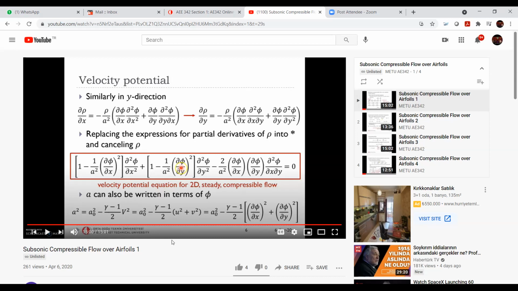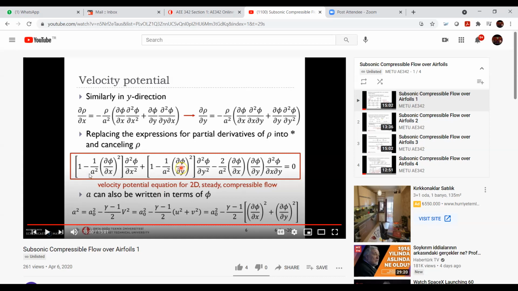So therefore, T0 does not change, which makes A0 a constant. So in this equation, A0 is a constant, and all the rest is represented as a function of d phi dx, d phi dy. On the left-hand side, it's equal to A square, right? Which appears in this velocity potential equation written in the red rectangle.